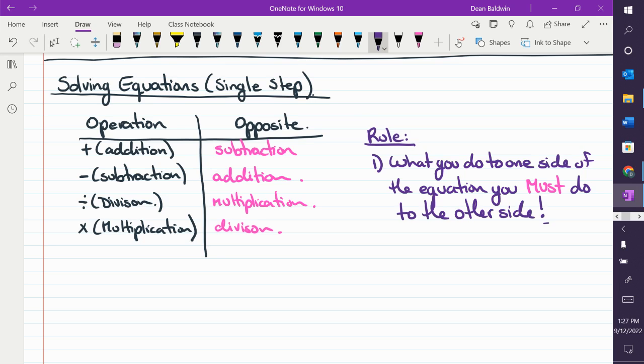That applies to everything. These are just some operations. There's other things as you go up through math, square roots, cubing, logging both sides. That's a math 12 thing. Whatever you do to one side, you do to the other side.